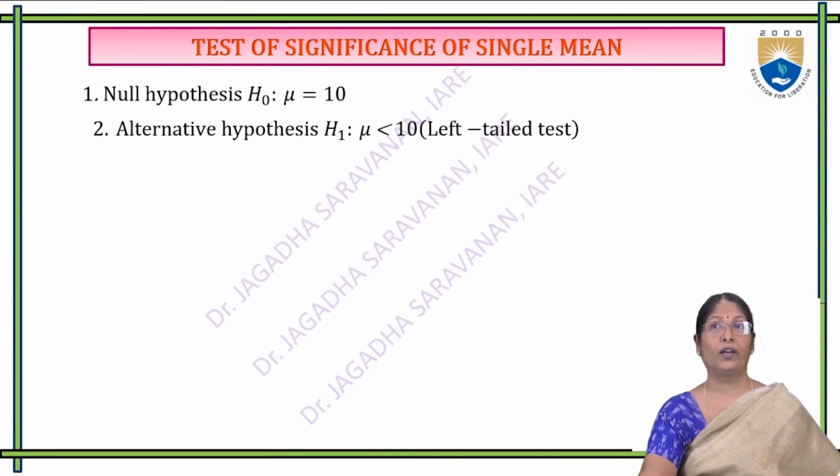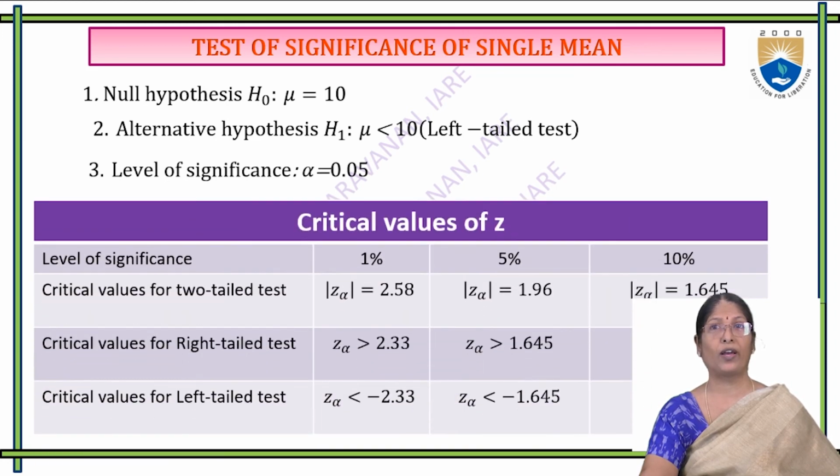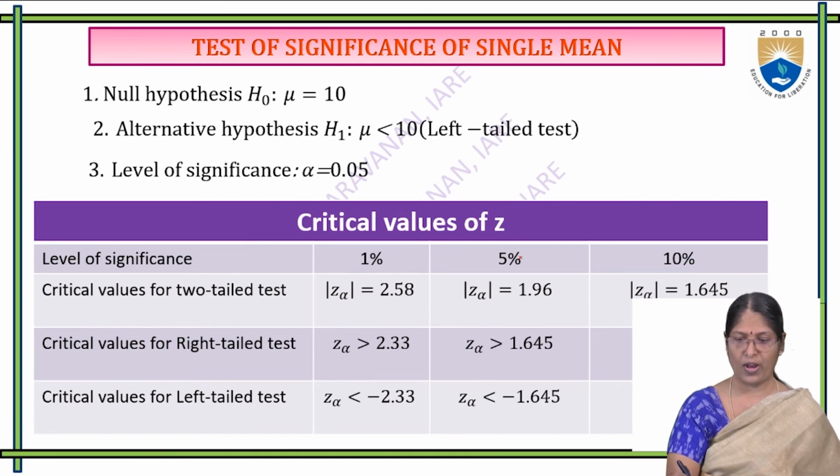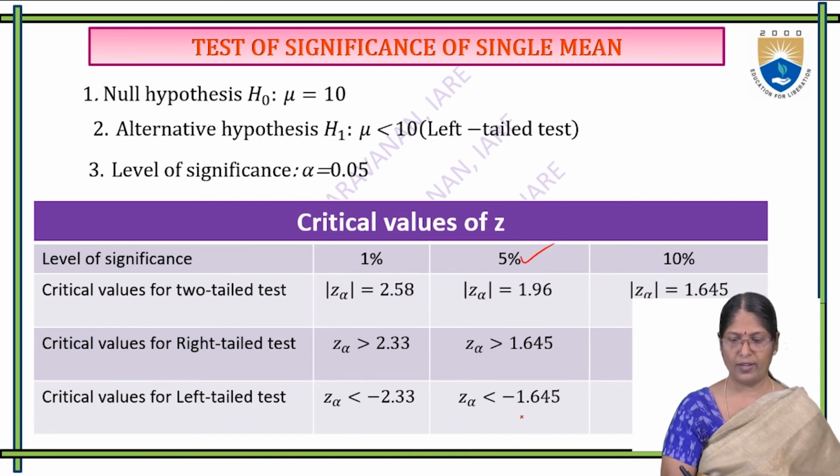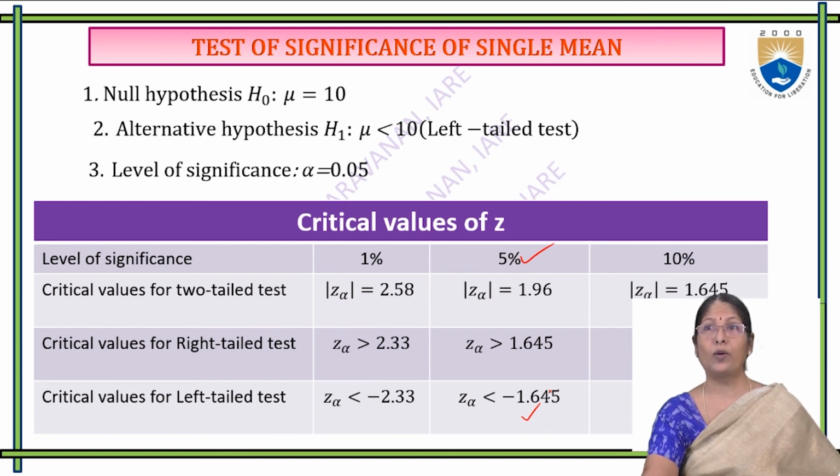Here we have taken the left-tailed test because in the question the less than symbol is denoted. So the level of significance alpha is 0.05, and for the left tail the tabulated value is minus 1.645.